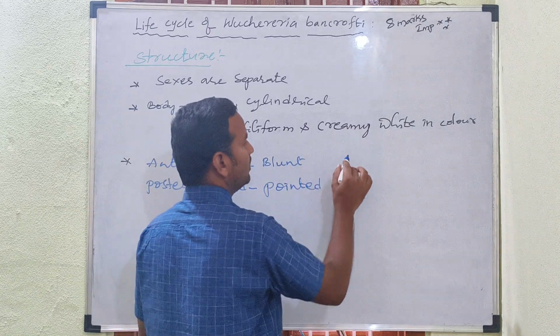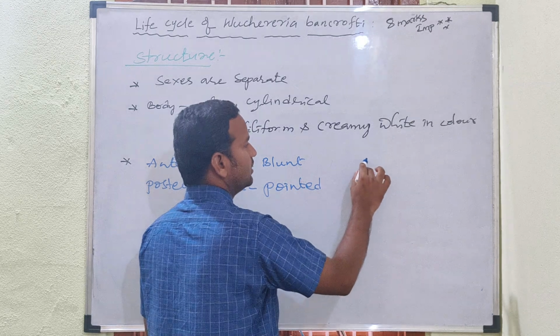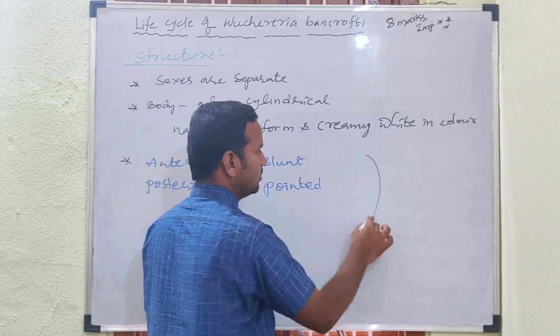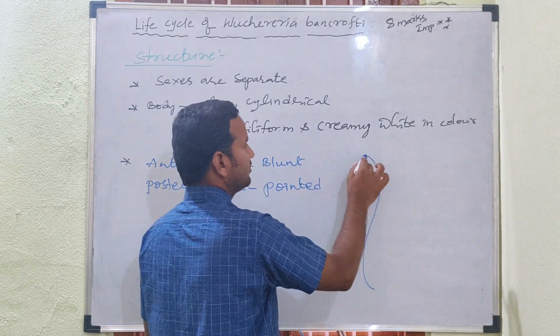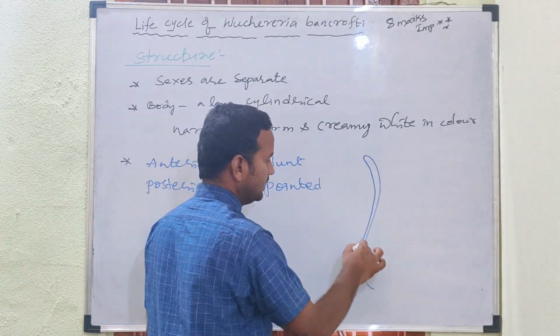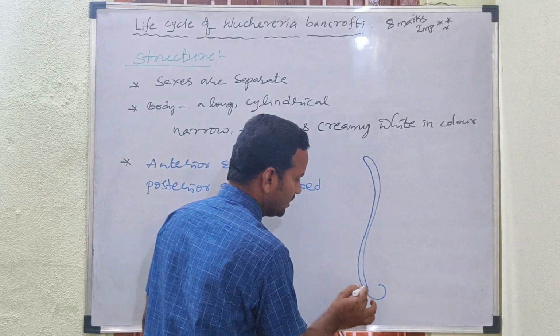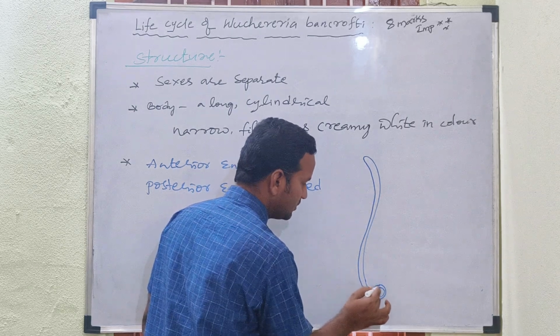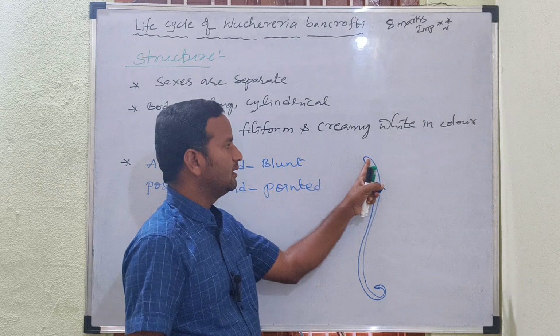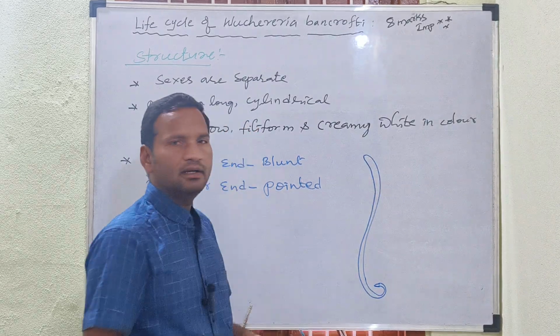For example, when we observe the structure of Wuchereria bancrofti, this is the anterior end and this is the posterior end. The anterior end is a blunt-like structure and the posterior end is pointed.